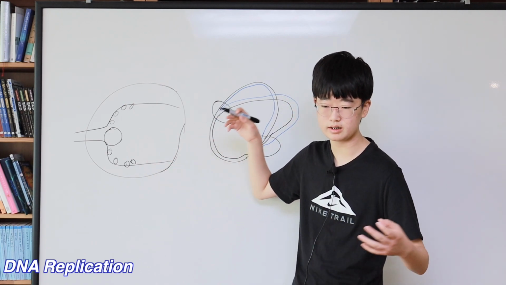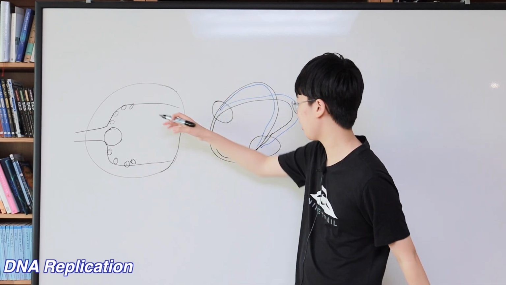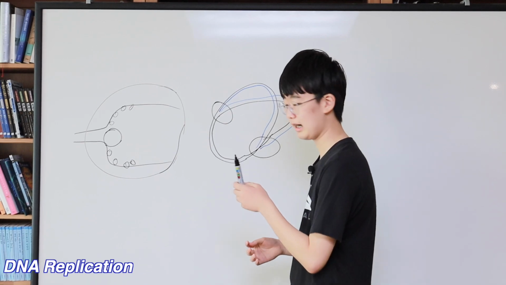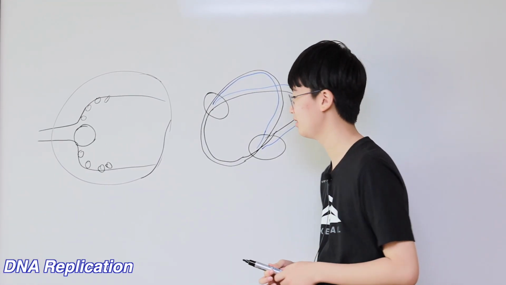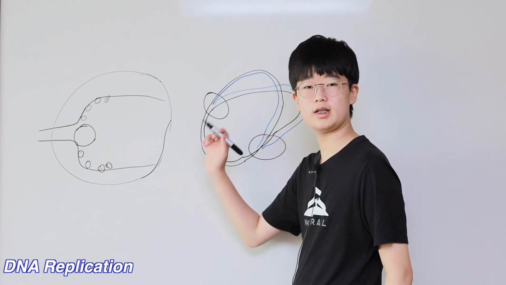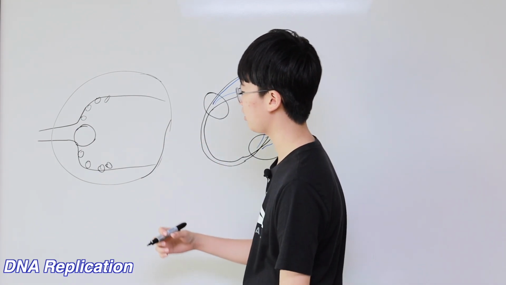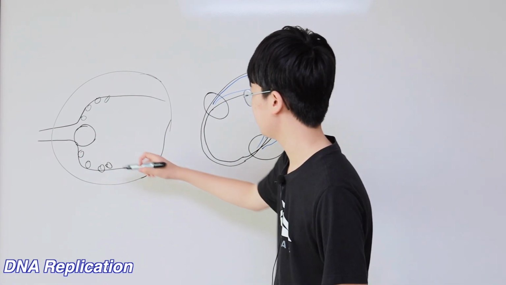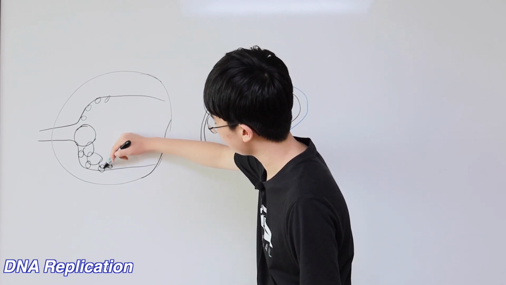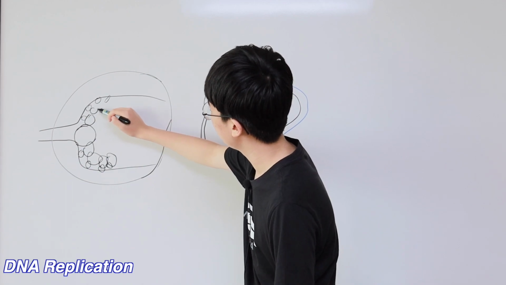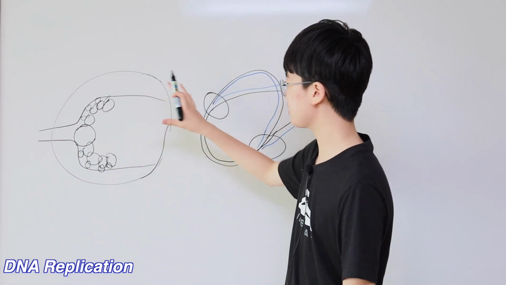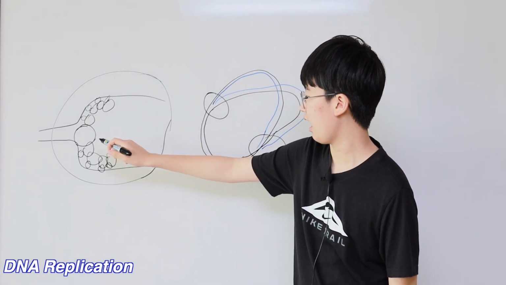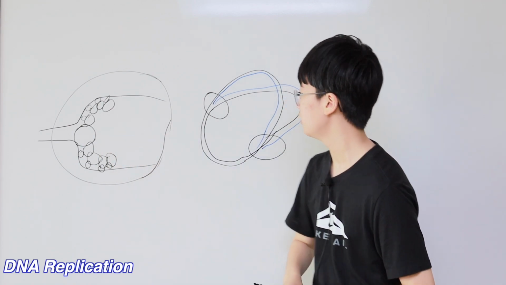The nucleic acids would want to stick back together because they are attracted to each other because of the hydrogen bonds. The hydrogen bonds want to reappear, but there are proteins that stop it from happening, called single-stranded DNA binding proteins. So on these there are single-stranded DNA binding proteins. This stops it from binding together after the helicase did its job.